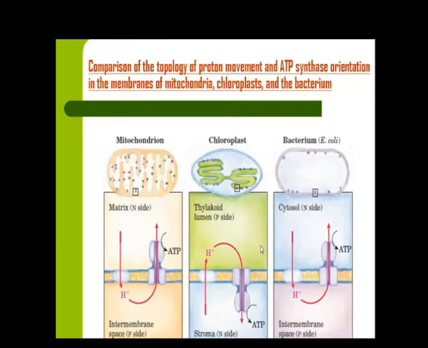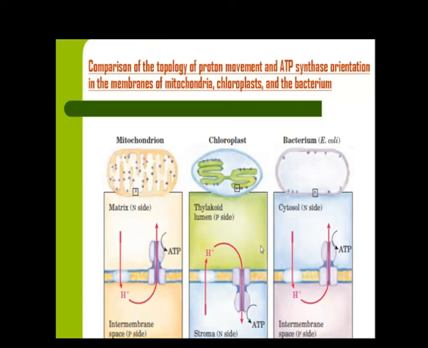The only difference is the location at which the hydrogen is more in concentration and less in concentration. See, the mitochondria is again a double layered structure, right? Double membrane. The inner membrane has many invaginations, which are called cristae. Now, inside it is the matrix, and this is the intermembrane space, that is between the inner membrane and the outer membrane.